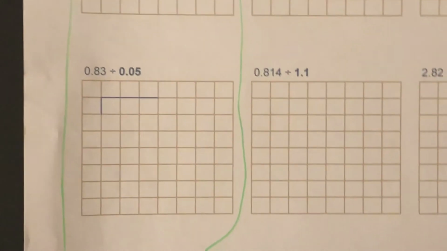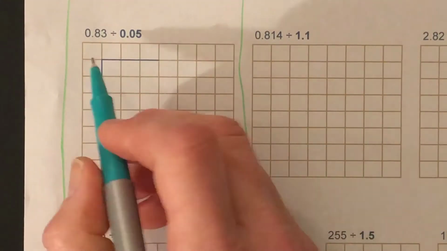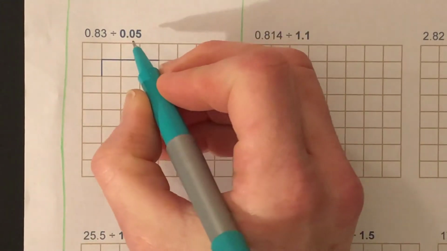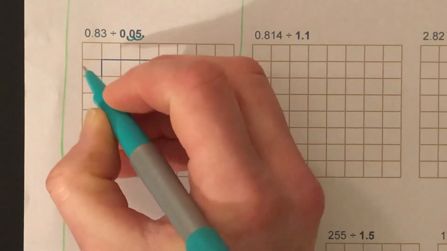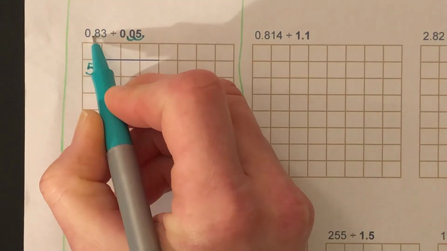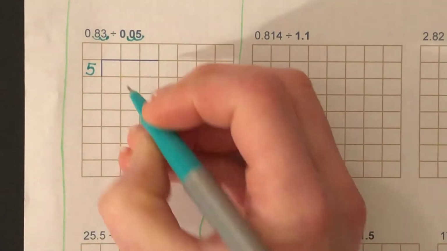Let's look at the one under it, and then the final one will be on the bottom under this one. On this one, we are moving the decimal 2 places to make this a whole 5, which means we'll move this one 2 places, and wouldn't you know, it makes that a whole 83.